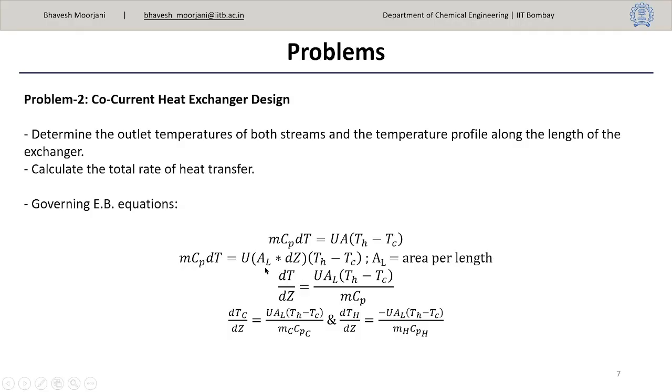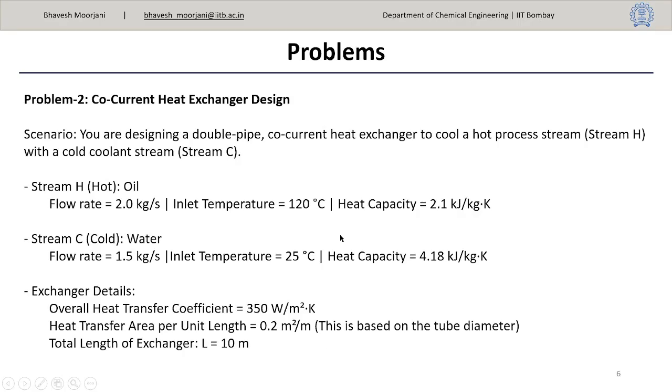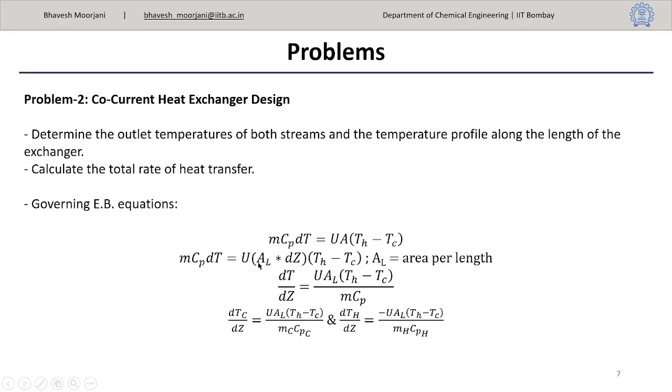Now in this equation, since we have been given area per unit length, the area is written as AL into dz, where AL is the area per unit length. This particular energy balance is done for a smaller fraction of your system. For the overall system, you get mCp (T in minus T out) as UA (TH minus TC).